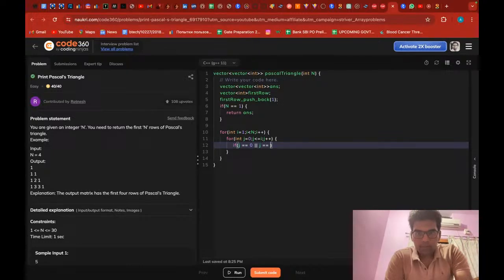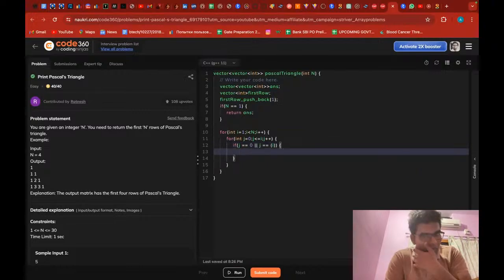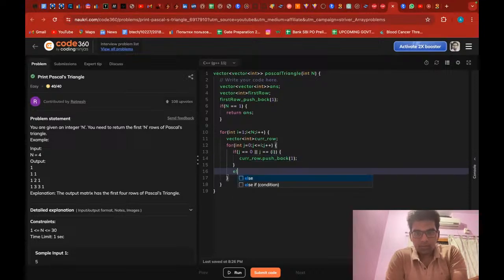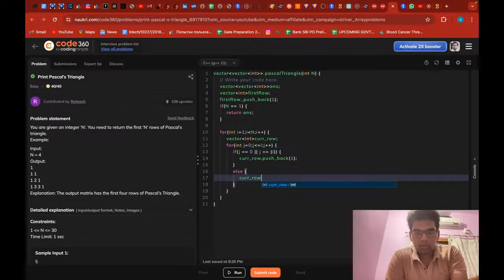Then we just need to create a current row and push back one. In the else case, we need to do current row dot push back answer of i minus 1 j plus answer of i minus 1 j minus 1, right? This is the case which we have already discussed.